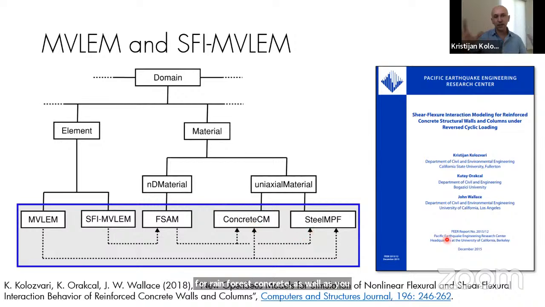So this was like a package that was added to OpenSees, again, back in 2015. This PEER report is available, and we also have a paper in one of the journals, Computers and Structures, that explains implementation of all of these models into OpenSees.